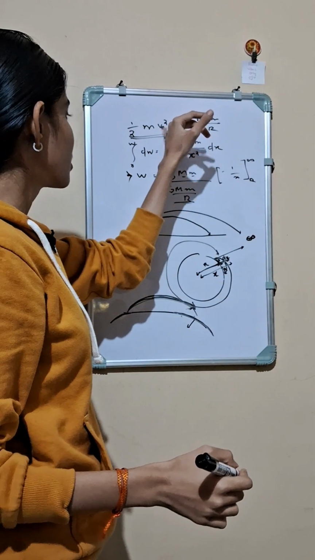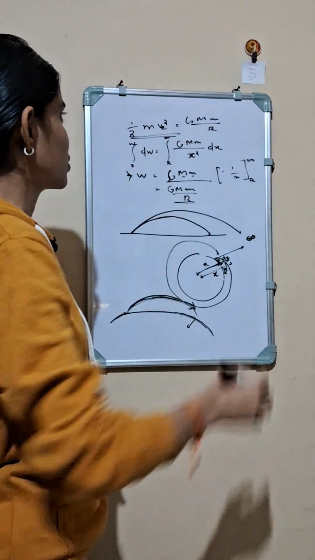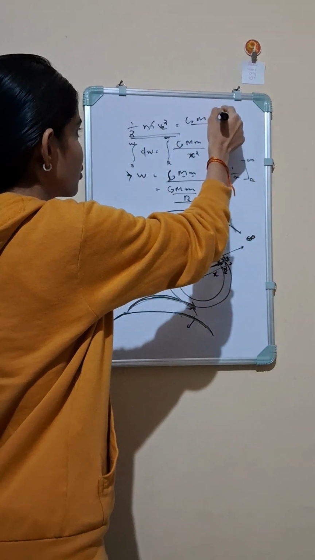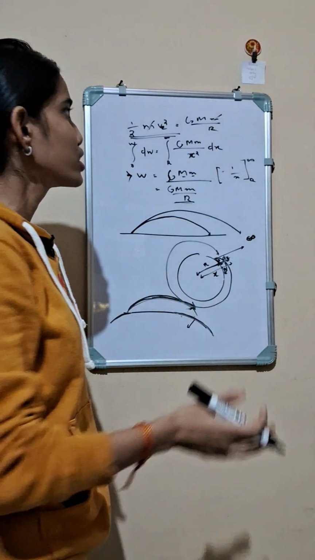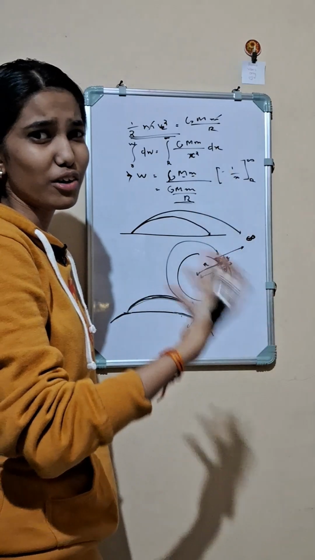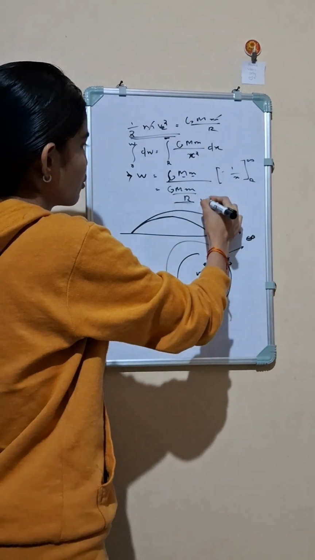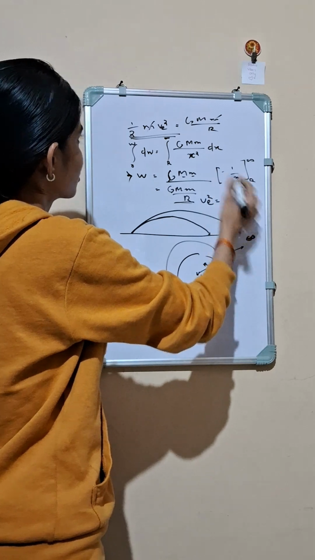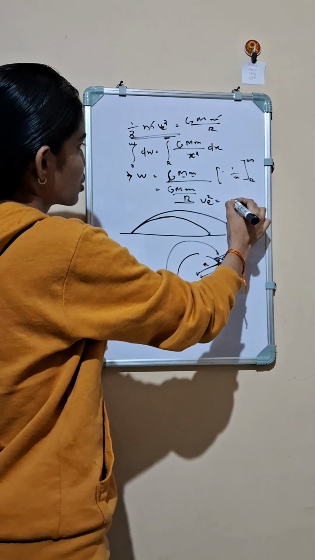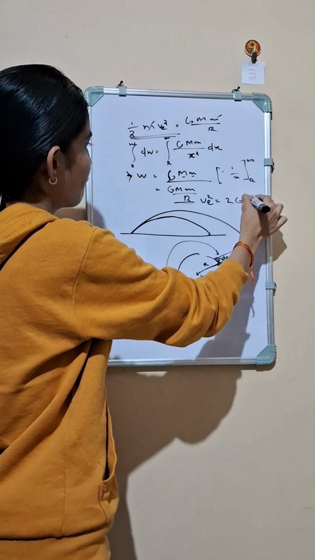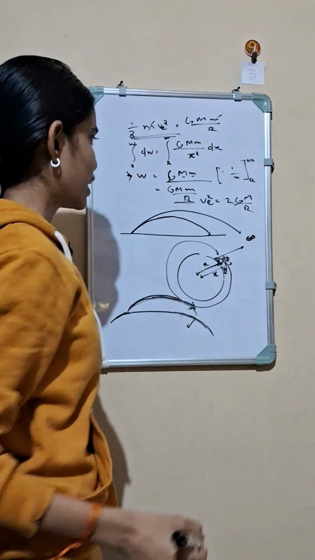So from this we can calculate velocity. Although we know our mass, still let us cancel it and see that v square will be equal to 2GM by r, right?